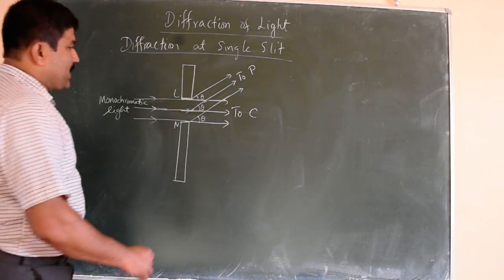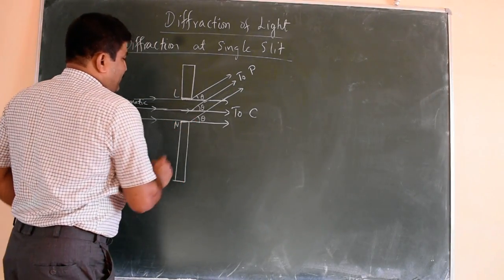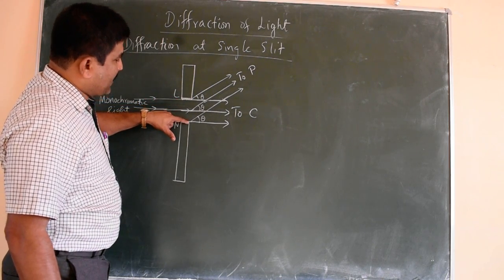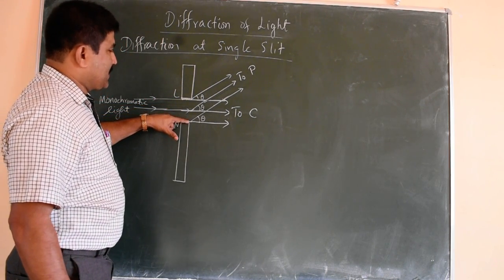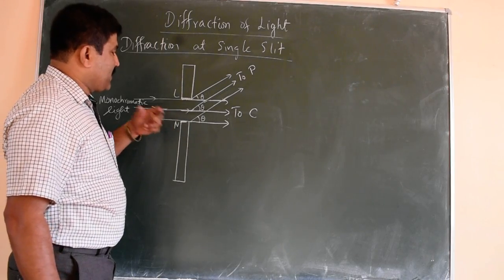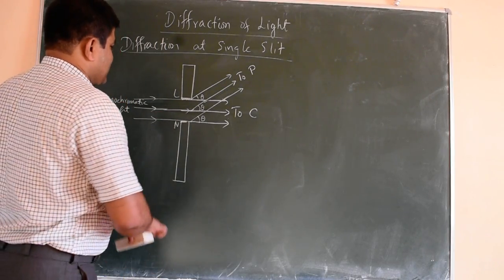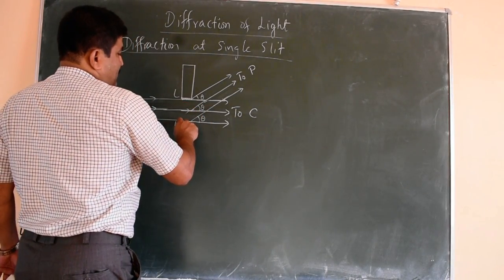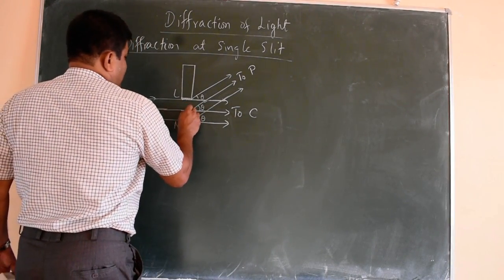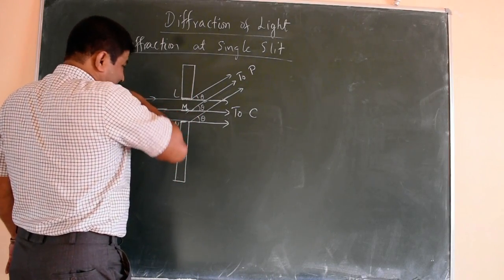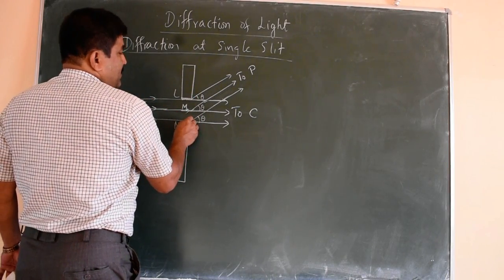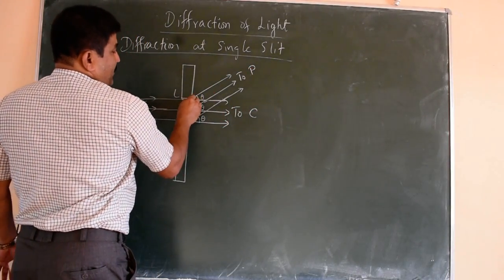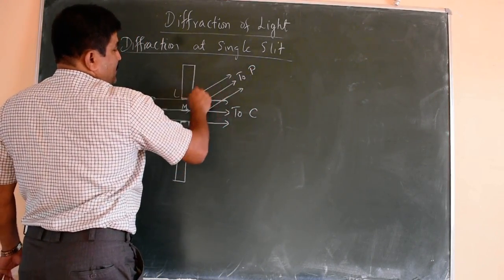Then the path difference between the light traveling from L, this point, and the light traveling from this point, that path difference we have to study. Light travels from here, and somewhere in the middle I will take as M, and the light traveling from this edge travels a distance NP to point P, and from this point the light travels a distance LP.